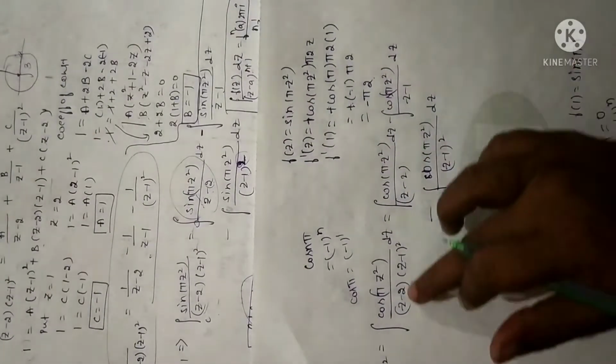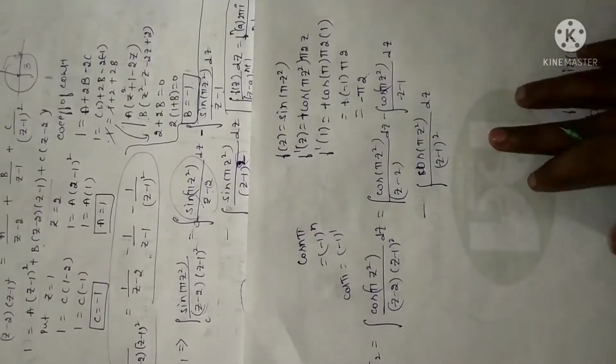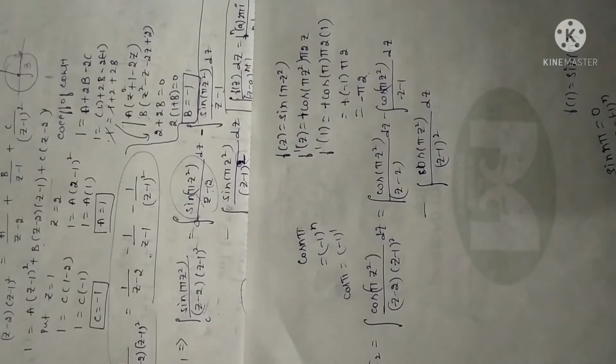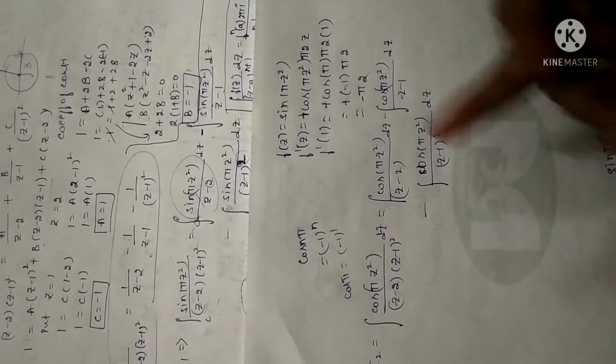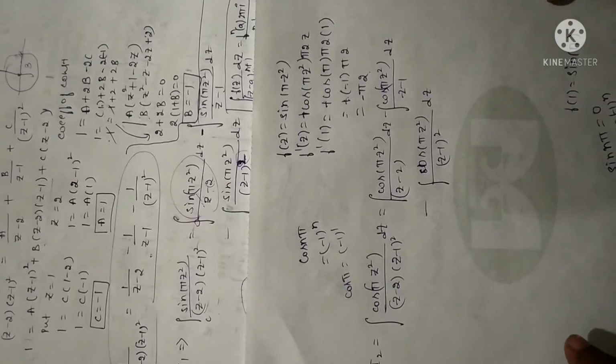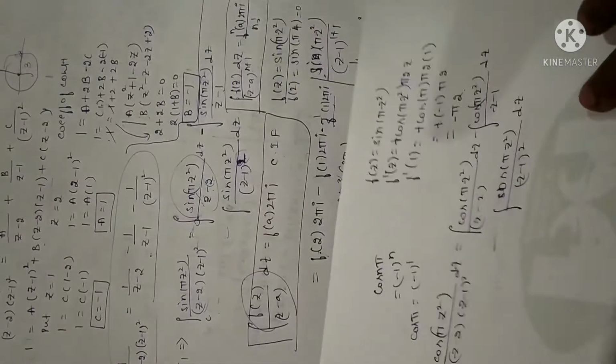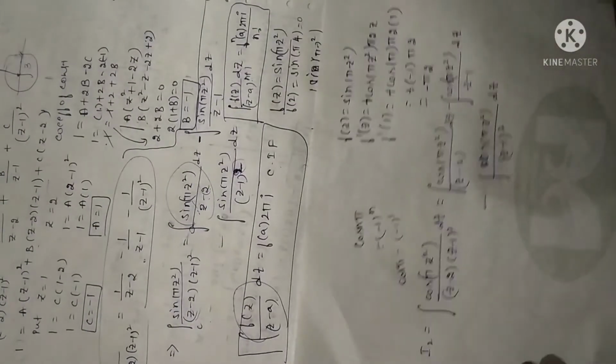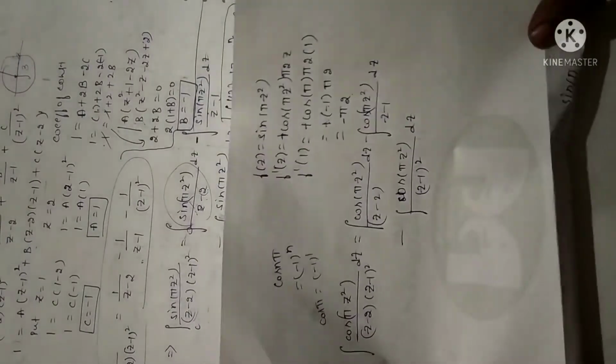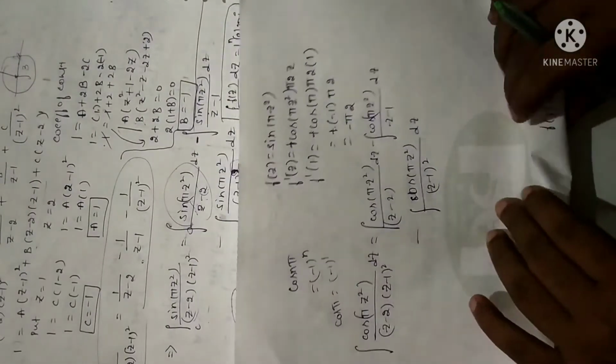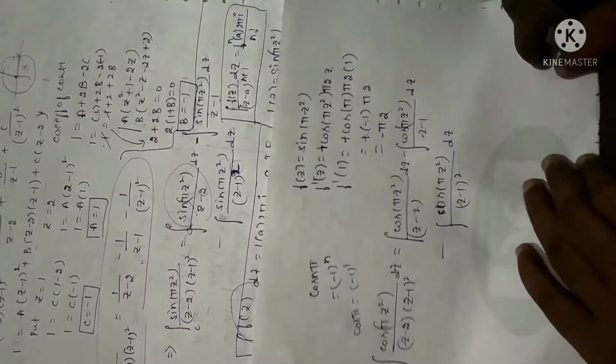So I have used partial fractions to split the denominator and I have applied it directly. Clear? Now let me apply the Cauchy's integral formula that I have already applied for the first case. So the same procedure you have to follow, whatever I have done for the first integral, you have to do for the second integral.